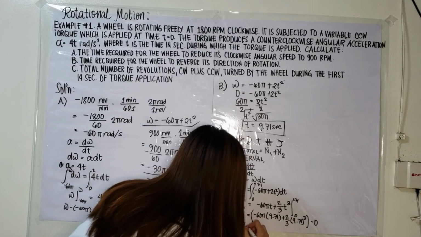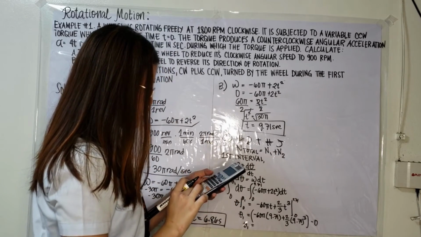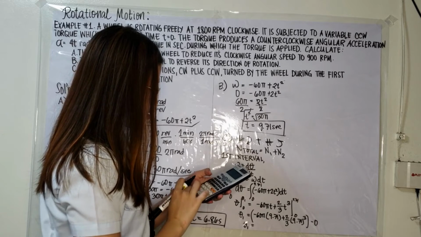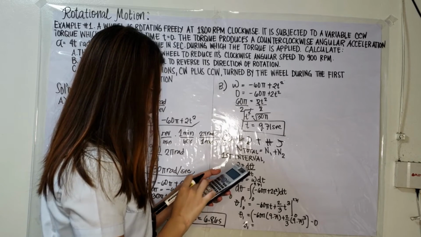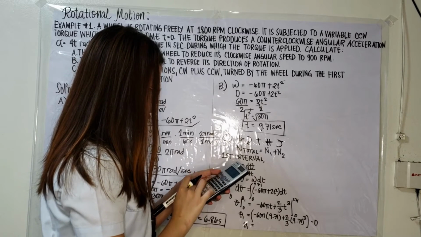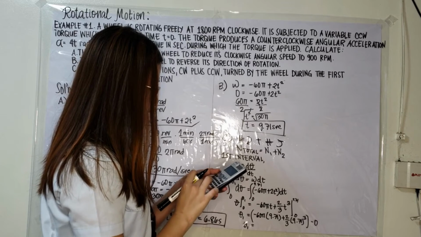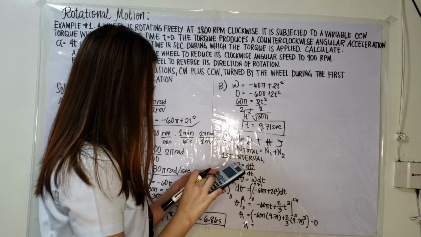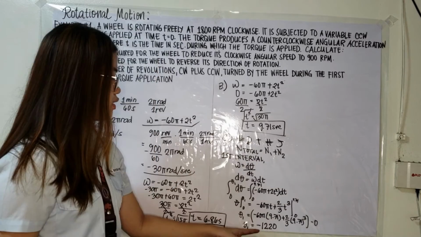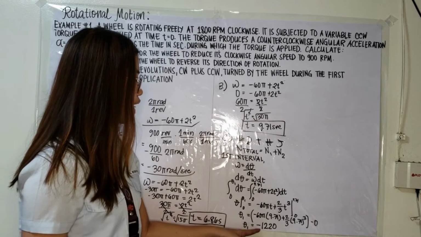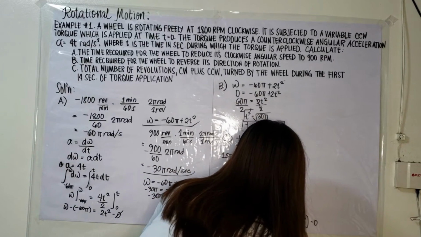So we now have theta 1 is equal to negative 60 pi times 9.71 plus 2/3 multiplied by 9.71 cubed. Theta 1 is equal to negative 1,220 rad.